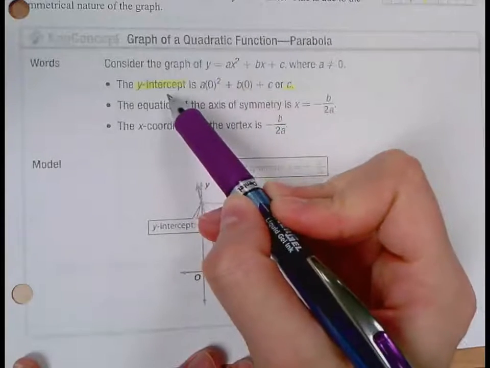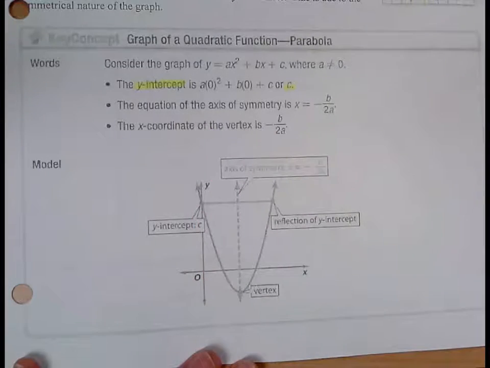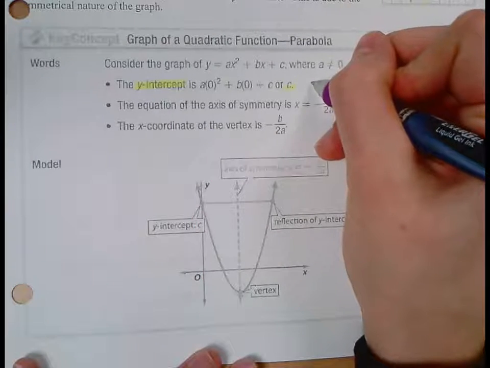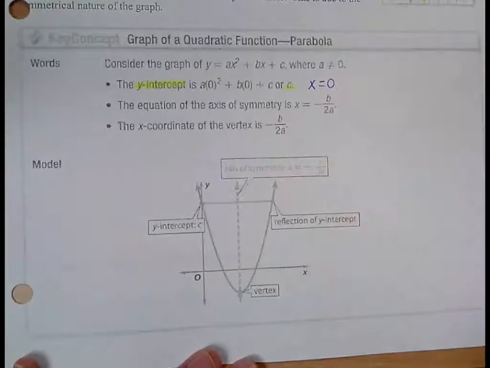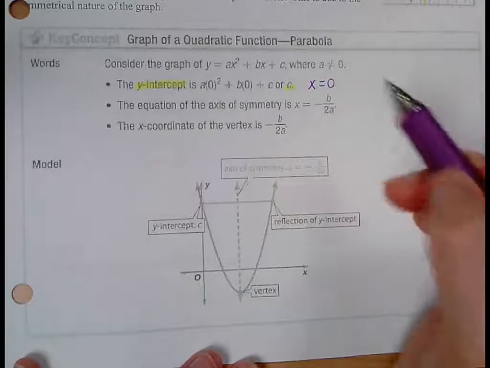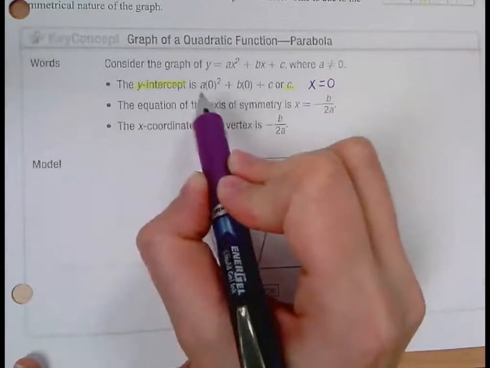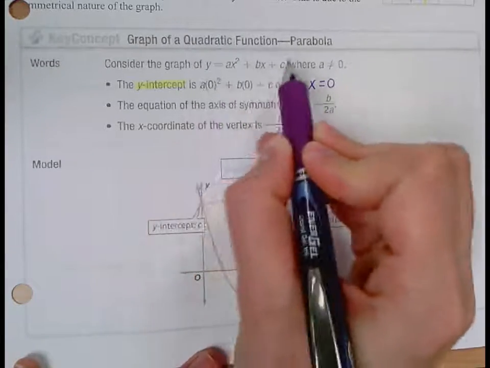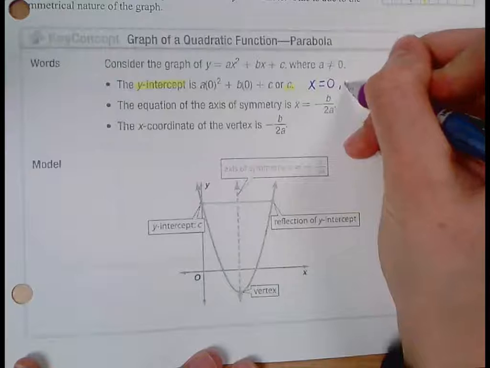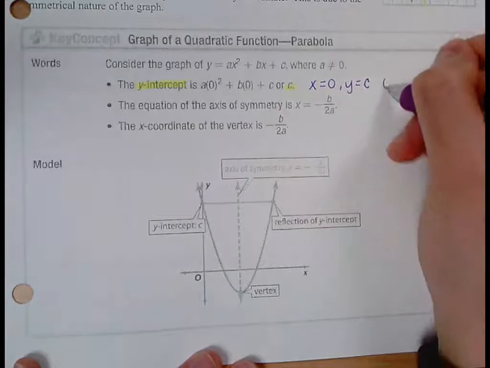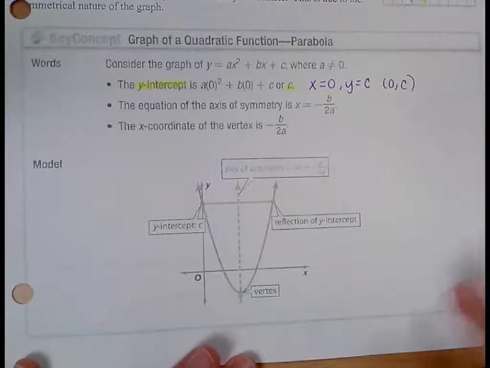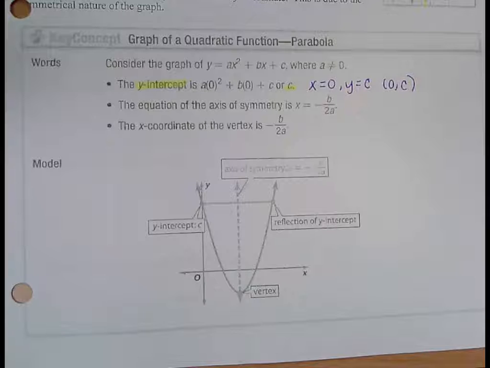So if you remember finding y-intercepts with linear functions, this is where you replaced all of the x's with 0, because any coordinate on the y-axis, the x-coordinate will be 0. And if x is 0, that's what they're showing here. For every quadratic function, the y-coordinate is going to be c. So the ordered pair (0, c) will always be the y-intercept.